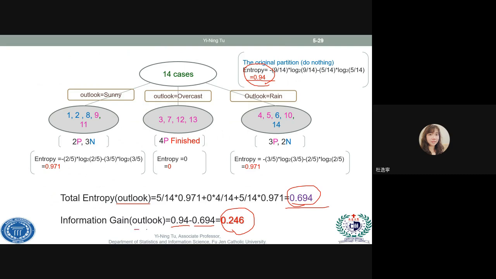It means the outlook will help us decrease the impurity of the cases. So the information gain of the outlook will be 0.246. Before, the impurity was 0.94. After using Outlook, it is 0.694. So Outlook's information gain is 0.246, okay? The Gini index at the start did not compute information gain, but starting from entropy, the original has to subtract the later one, so we will get the information gain here.